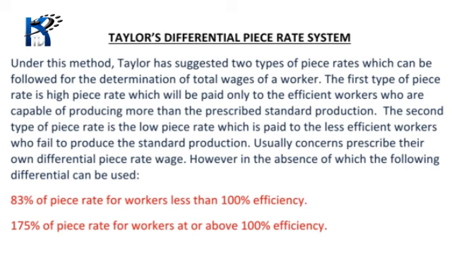That means the workers who are efficient, who produce more than or produce standard production, are paid at a rate higher than the normal piece rate, while the inefficient workers are paid at a piece rate which is less than the normal piece rate.